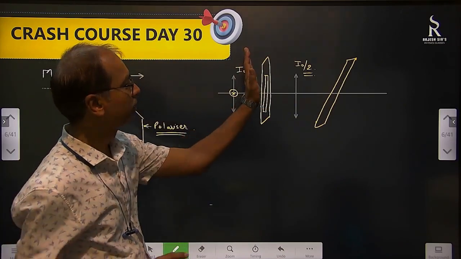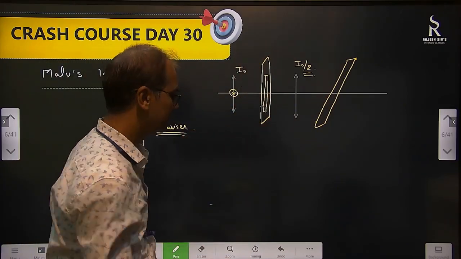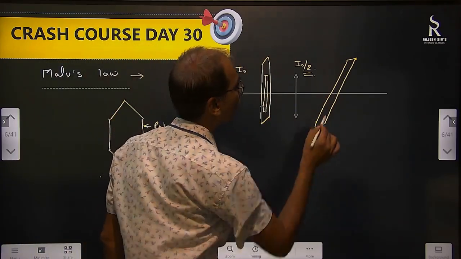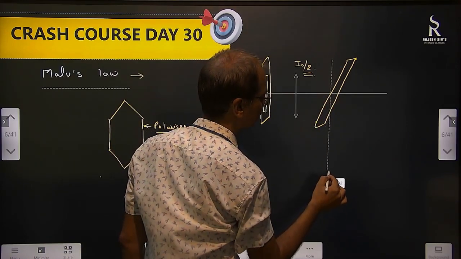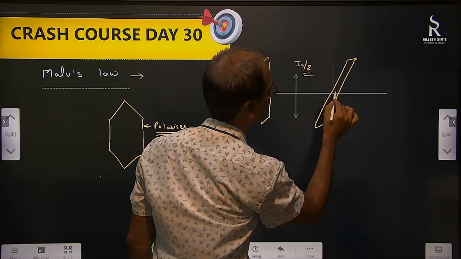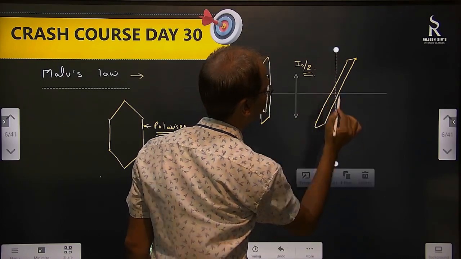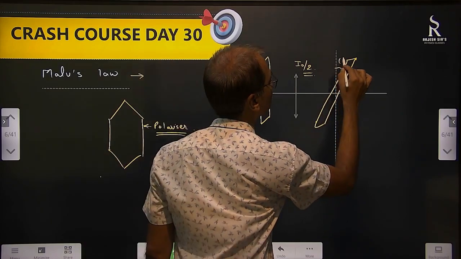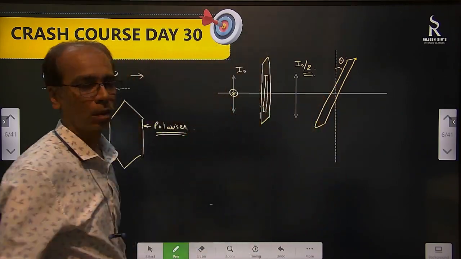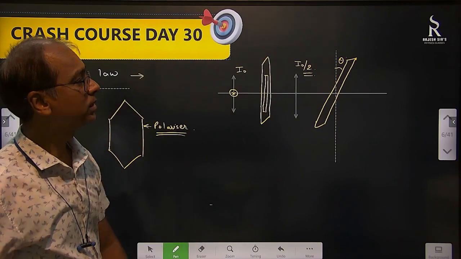So it is tilted from this, you have tilted it like this. How much have we tilted it? Let's say theta. From vertical, we have tilted it by theta. So what will be the intensity coming out?